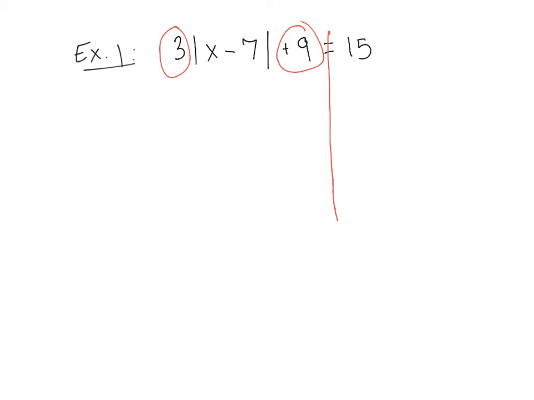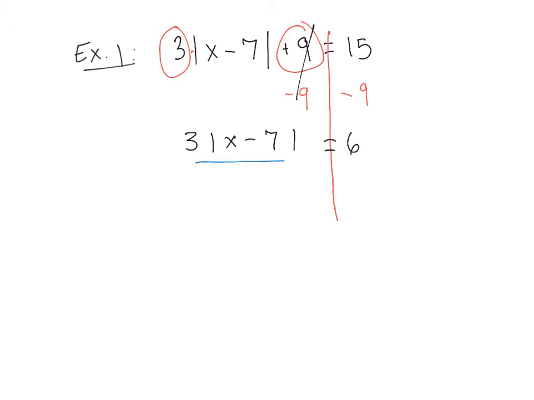In this case, I have an add 9, and that 3 is actually stuck by an invisible multiplication dot. So I'm going to start by undoing my add 9 from both sides by subtracting 9. When I do that, I'm going to get 6 on the right-hand side and 3 times absolute value of x minus 7 on the left-hand side.